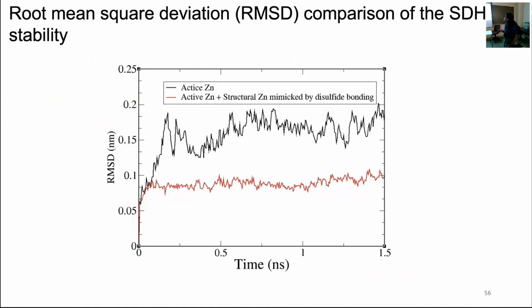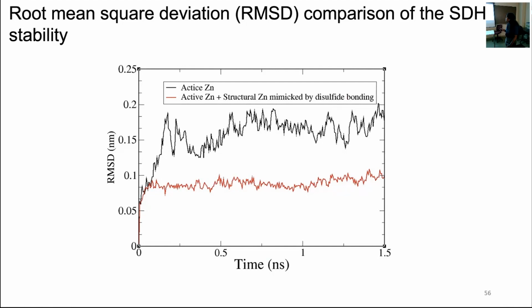And this is a preliminary RMSD calculation to study how the stability of the enzyme changes when both the structural zinc as well as the active site zinc are present. You can see this is the graph for active site zinc.